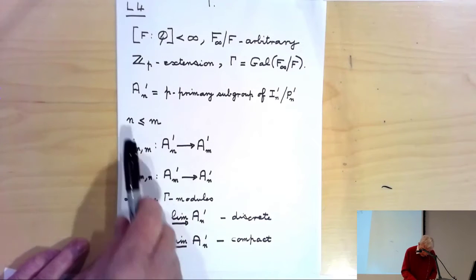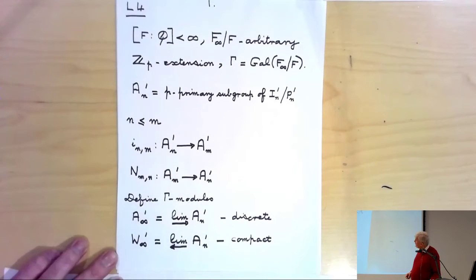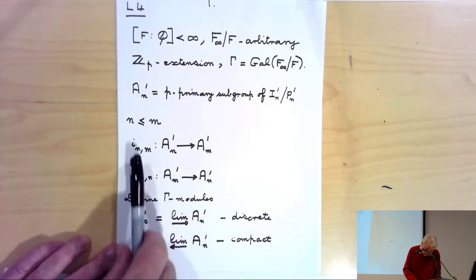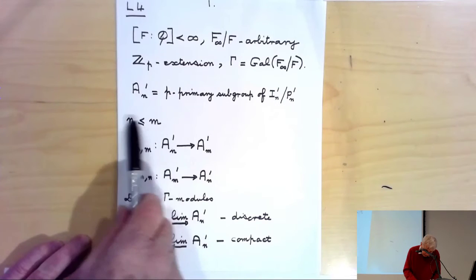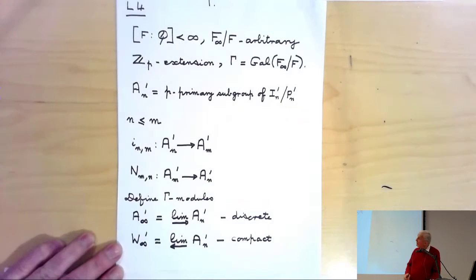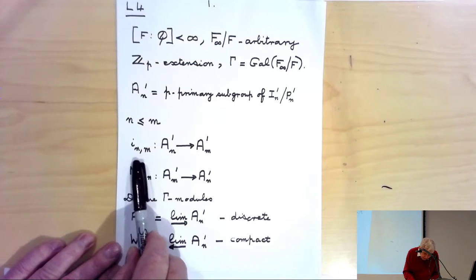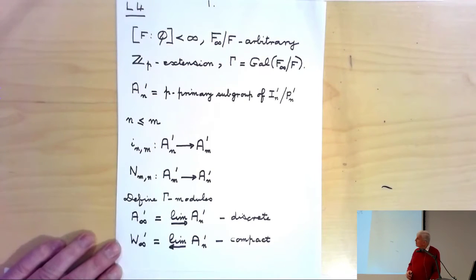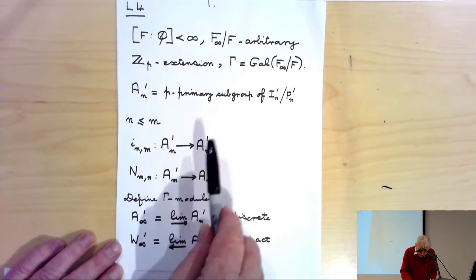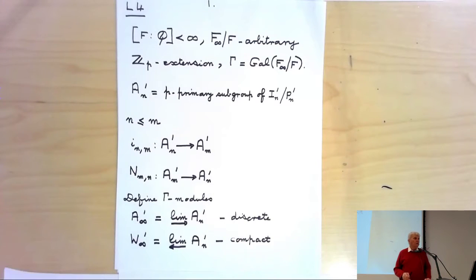So now, I have these A_n primes for every level of the Z_p extension, and when n is less than or equal to m, we have these two very basic maps, namely the map i_{n,m}, which sends A_n prime to A_m prime, which of course, as I remarked yesterday, is certainly not always injective in general.